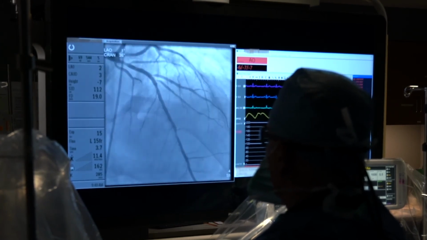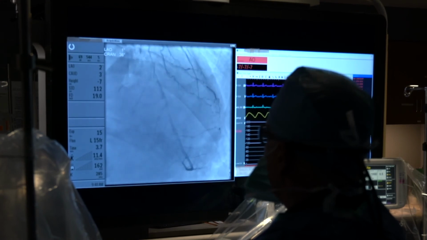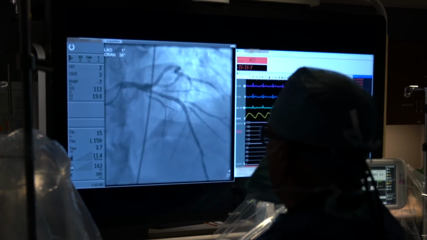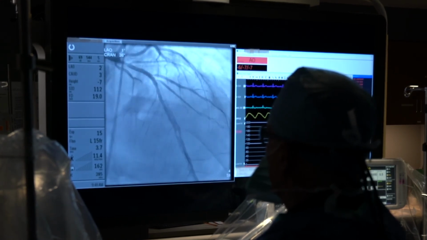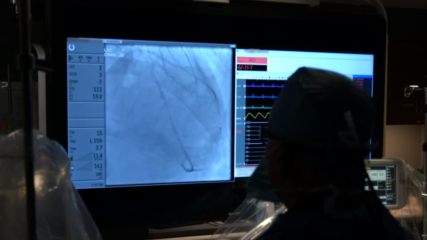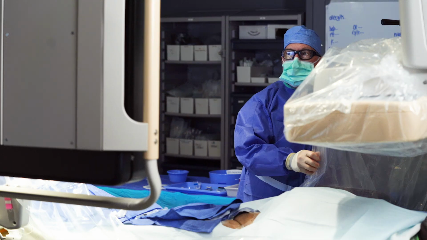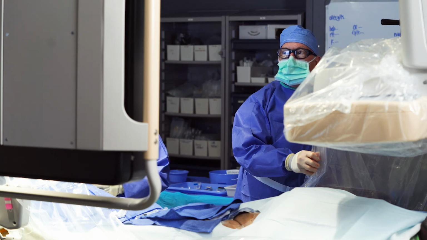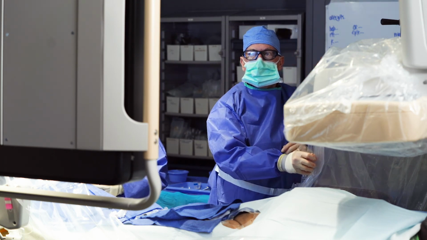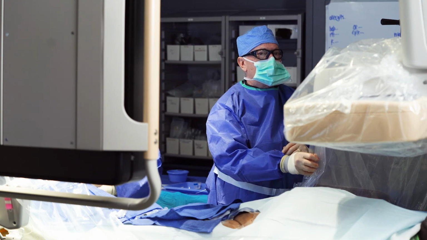But none of these at this point appear to be the type that we would feel are necessary to provide intervention for, like an angioplasty balloon or a stent or bypass surgery. So his arteries are such and his condition is such that we would treat him with cardiovascular medications.